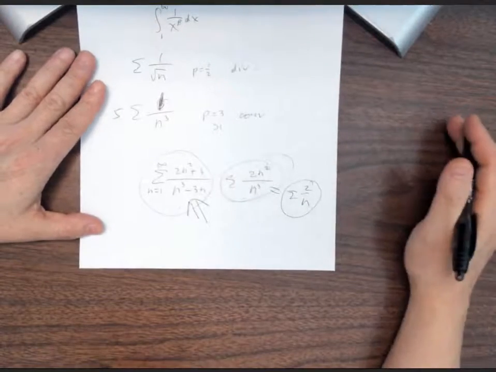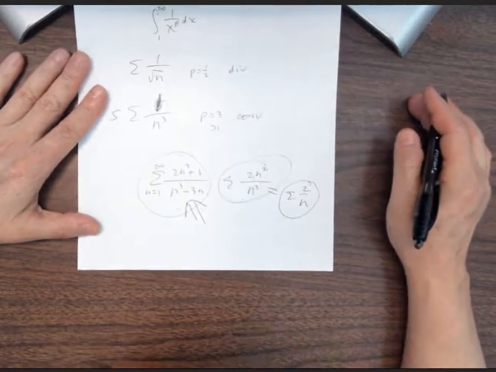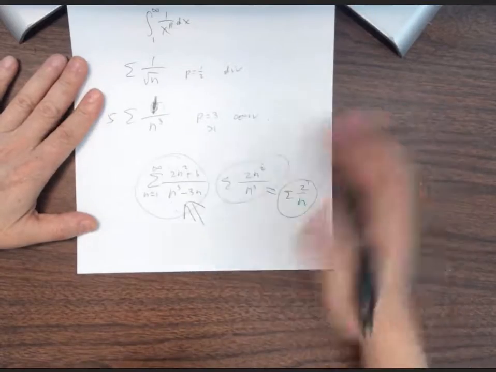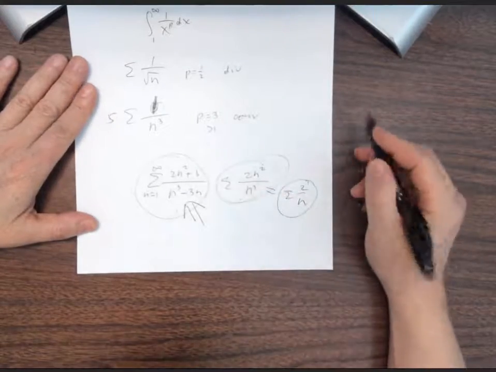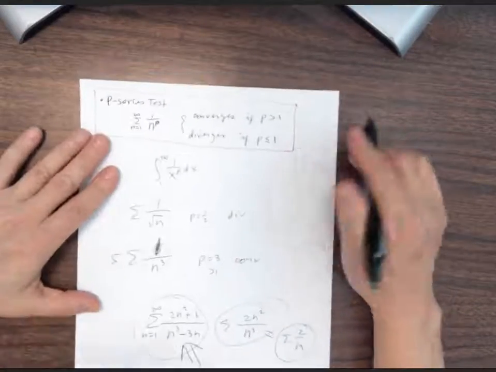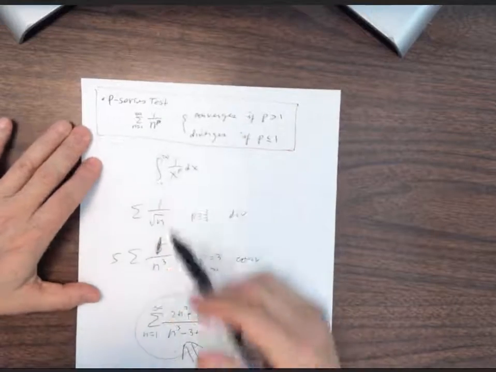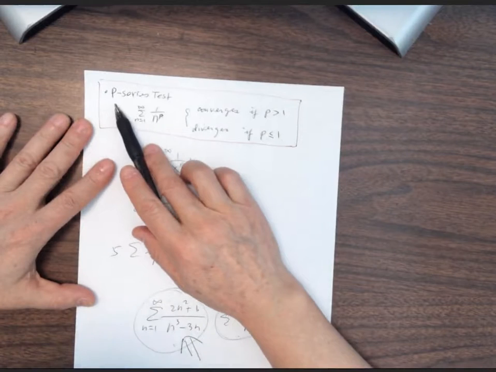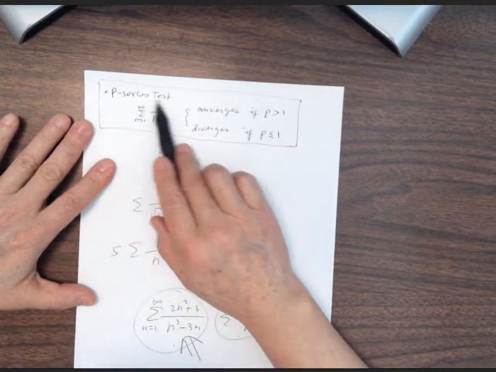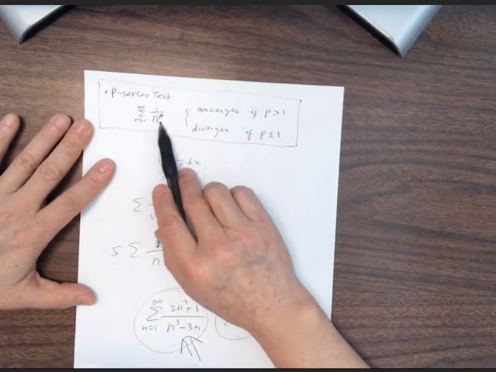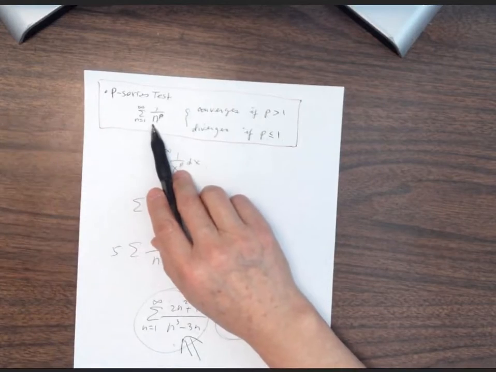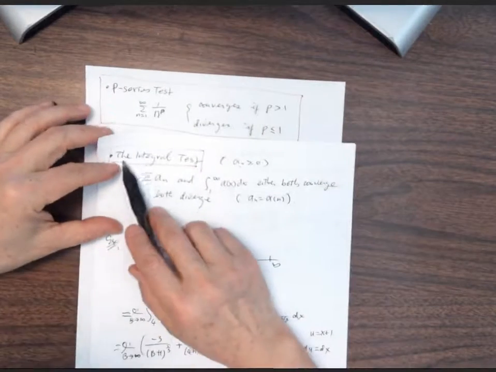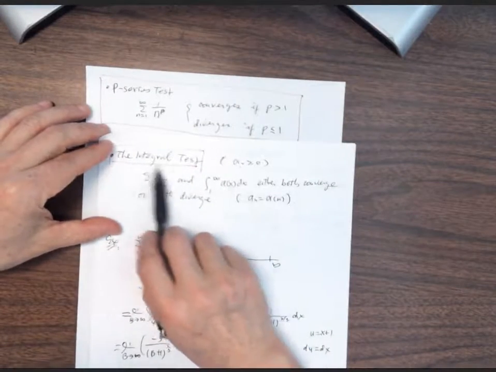We will introduce some tests later on to actually show that it's the case. But anyway, I just want to explain to you some usefulness of this P-series test, which can be proved using the integral test we introduced in this section.